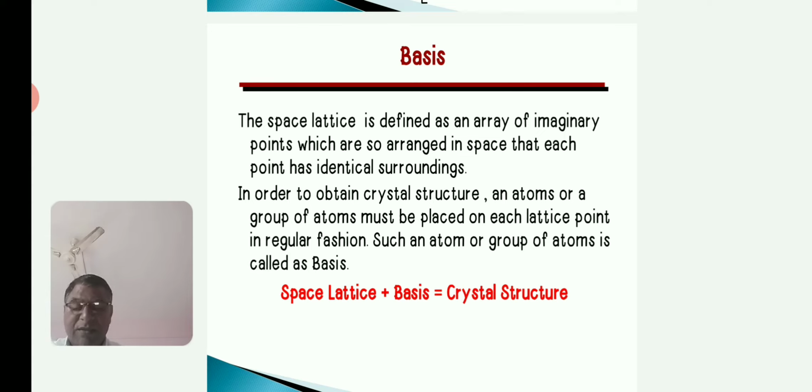The crystal structure is obtained by placing the basis on each lattice point such that the center of the basis coincides with the lattice point.